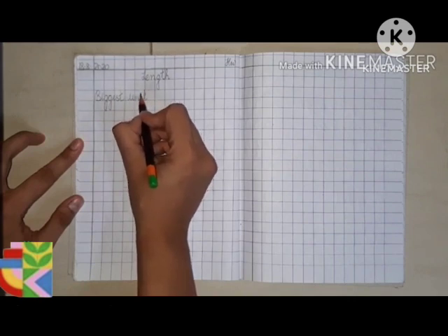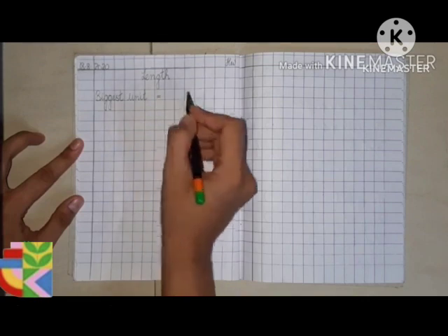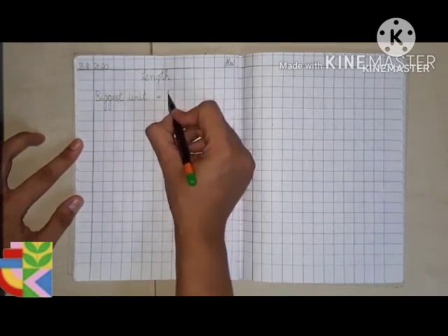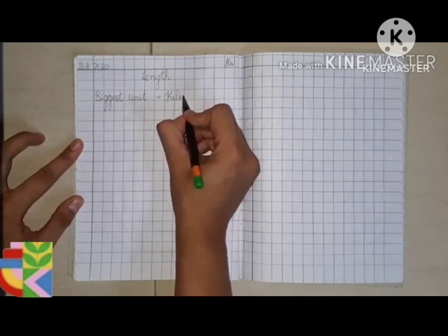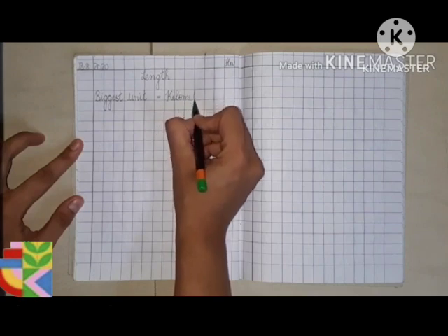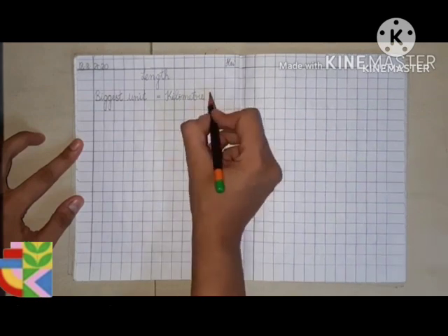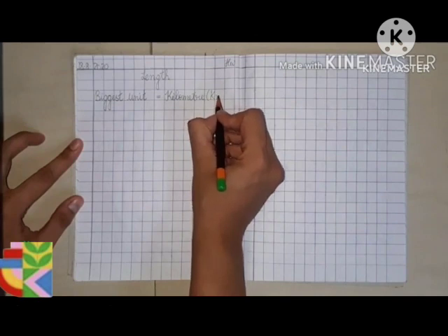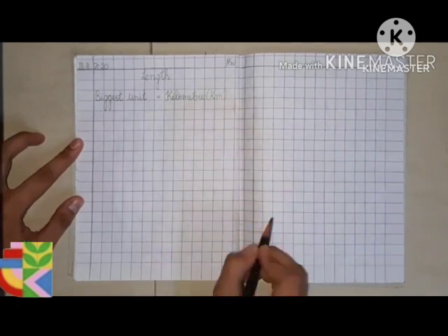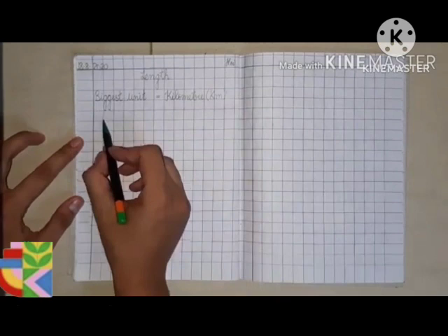And what is that? Put is equal to, that is kilometers, KILOMETRE, kilometer. And what is the short form? It's capital K and small m.